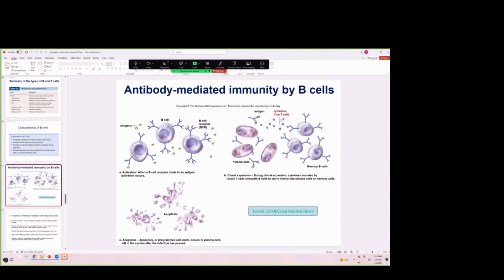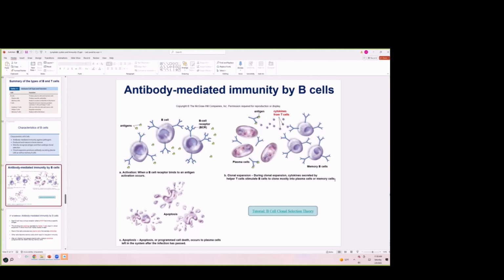These plasma cells that were producing antibodies get destroyed themselves through a process called apoptosis, programmed cell death. They look like, okay, there is no more need for me to produce more antibodies because all the pathogens have been destroyed. So they self-destroy.